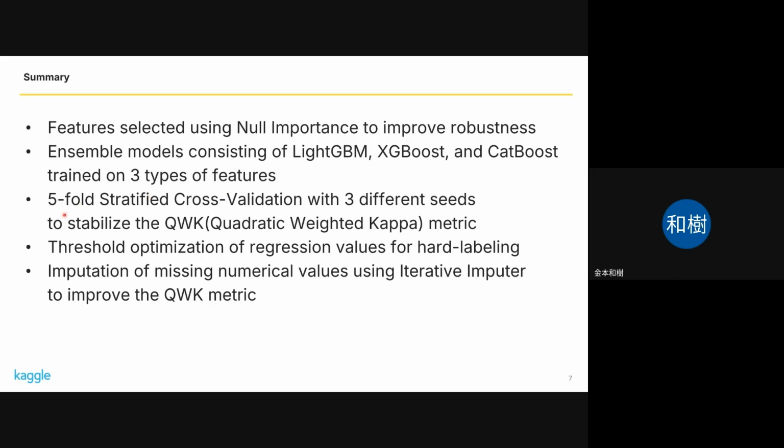I also built 5-fold cross-validation with 3 different seeds to stabilize the QWK metric. I optimized the threshold of regression values for hard labeling targets. Lastly, I imputed missing numerical values using iterative imputer to improve the QWK metric.